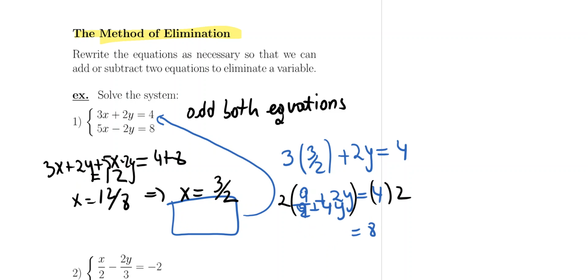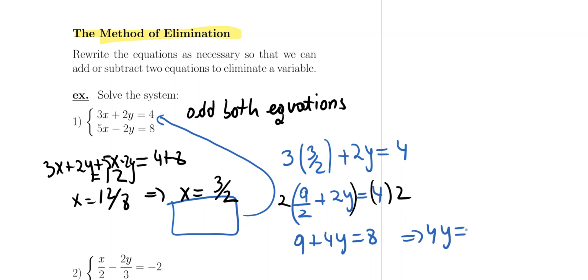Anyway, 9 plus 4y. This was 9 over 2. I multiplied by 2, so 9 plus 4y equals 8.